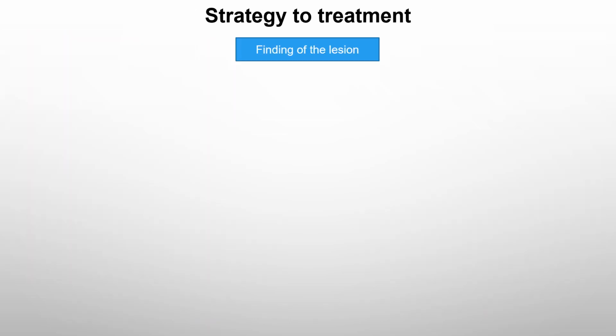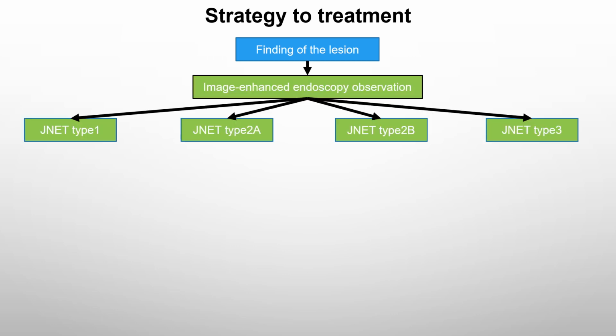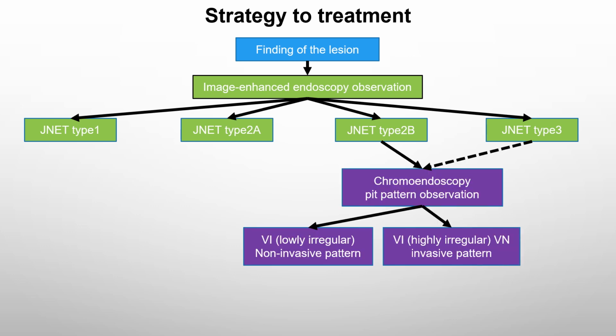Strategy to treatment is as follows. Finding of the region. First, the colon is observed with NBI magnification to diagnose JNET. In case of JNET type 2B or a case which is diagnosed as JNET 3 unclearly, chromo endoscopy pit pattern observation should be performed.